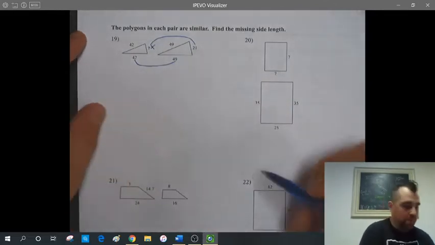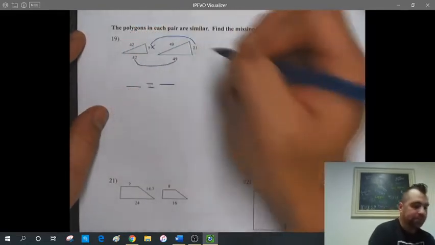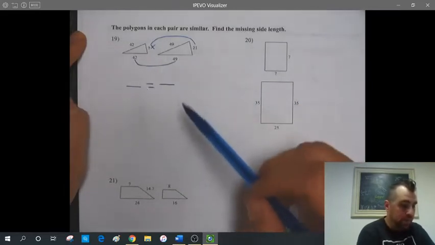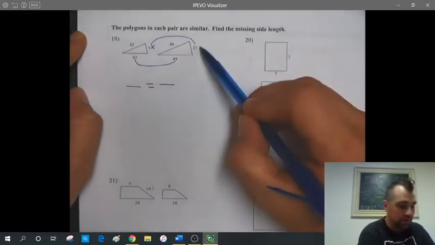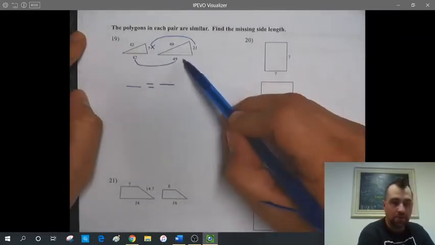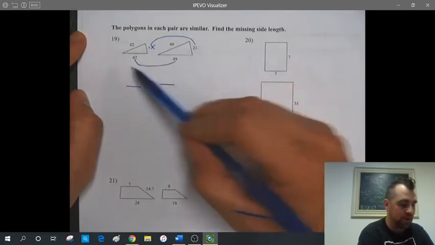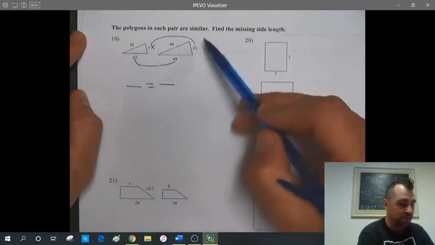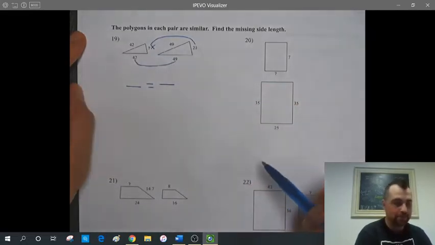So when I write my proportion, again to help me solve this, the thing I just need to make sure of is that I'm comparing. If I do small to big, then I have to do small to big here. Or I can do big to small as to big to small. Or I could have even compared this side to that side of the small triangle to this side to that side of the big triangle. Okay.